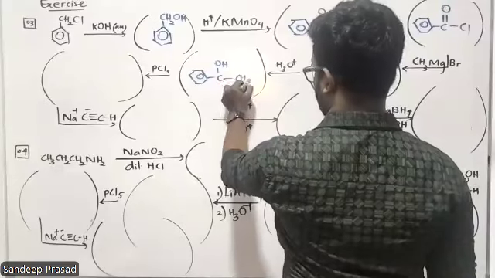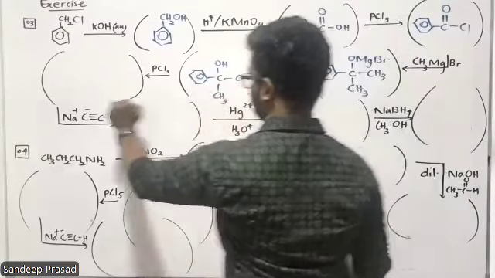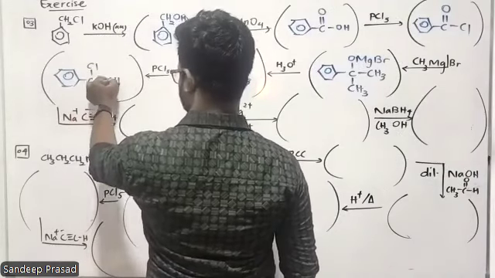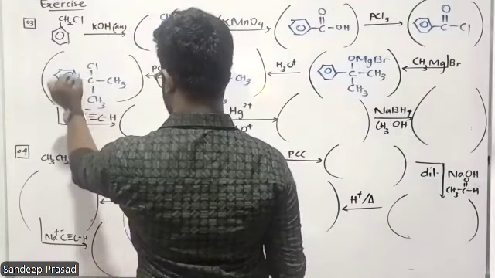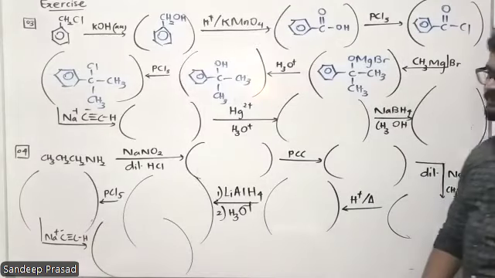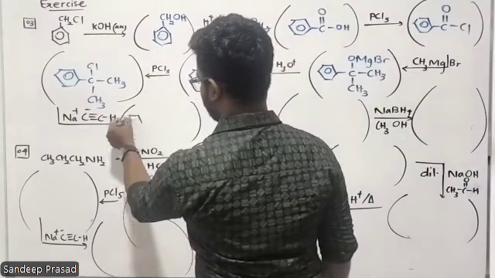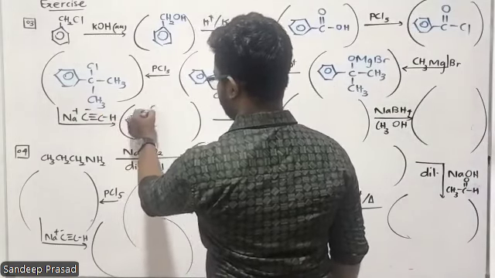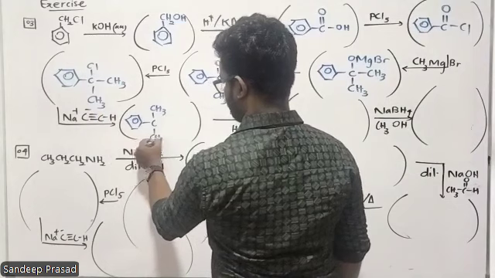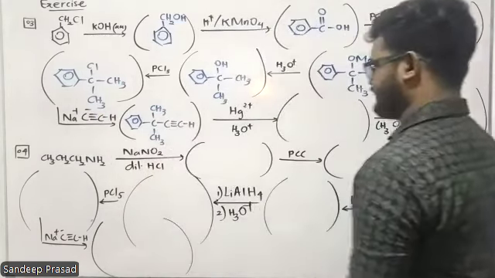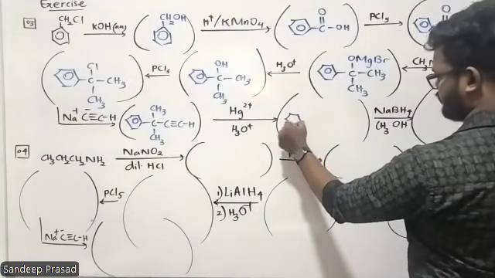A tertiary alcohol, PCl5 is added. CH2, right? Then sodium derivative of terminal alkyne. Mercury cation along with H3O plus.